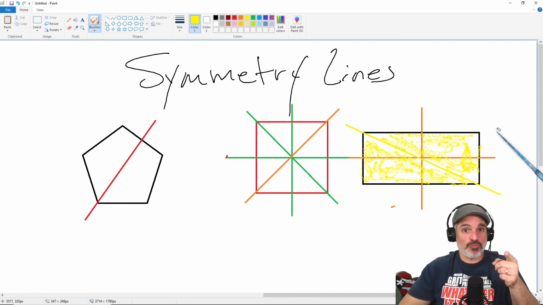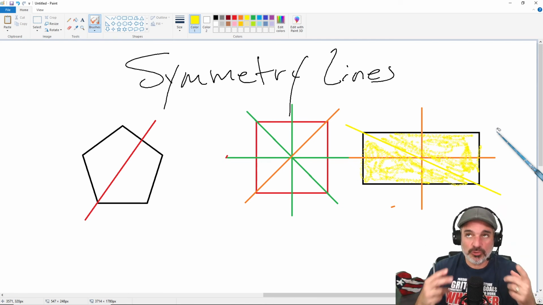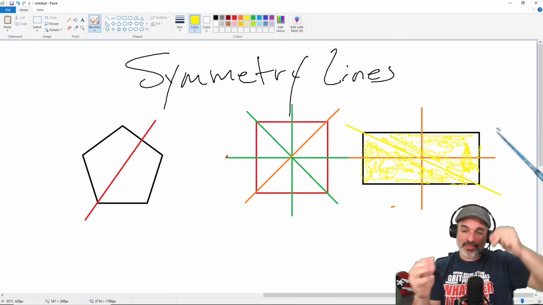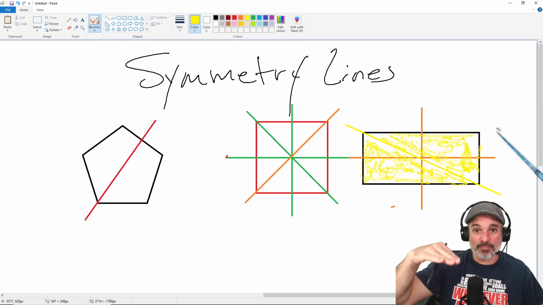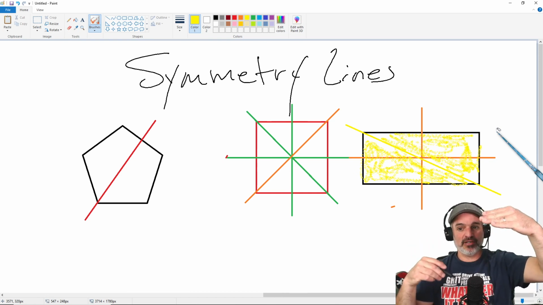We're going to see this tomorrow, I mean we already did, but I'm going to show it to you again tomorrow when we do it in class. If you fold that shape, the bottom part of the rectangle is not going to be a mirror image of the other part.